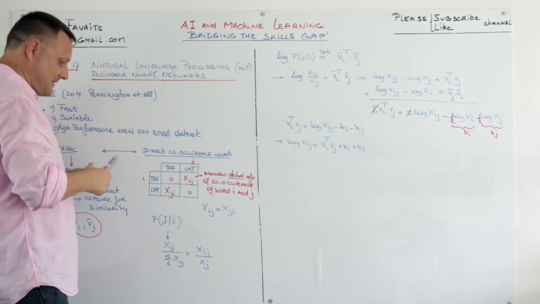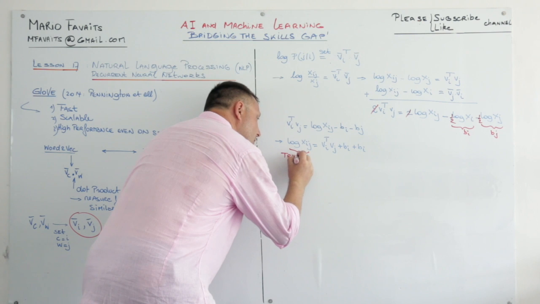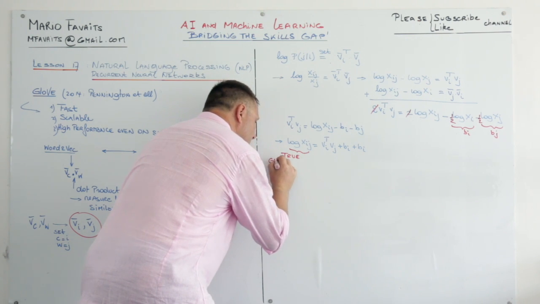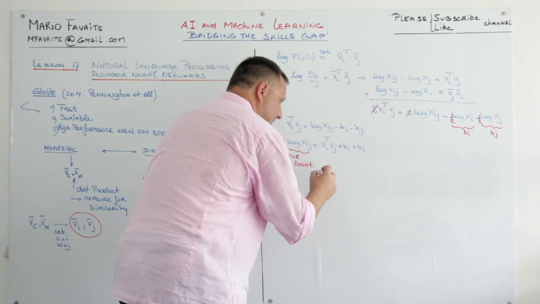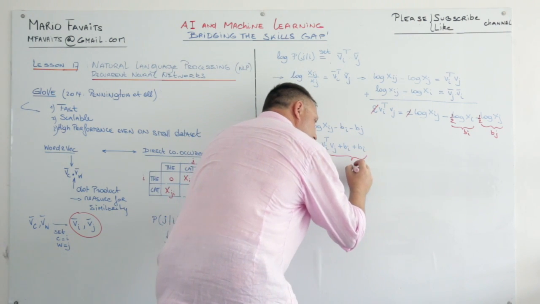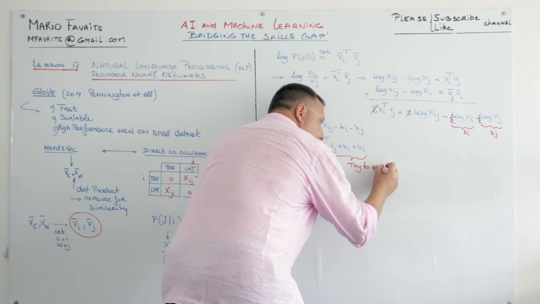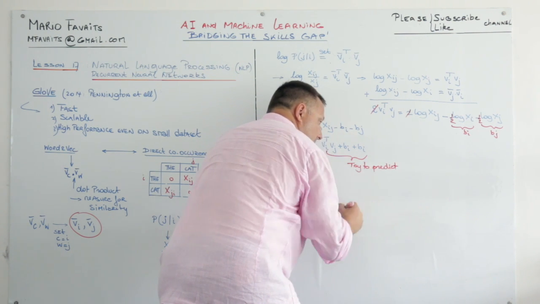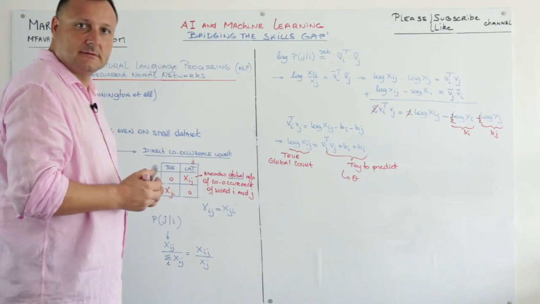Alright? So this is my true global count. And this is what I'm trying to predict. Yeah, these are my parameters theta.